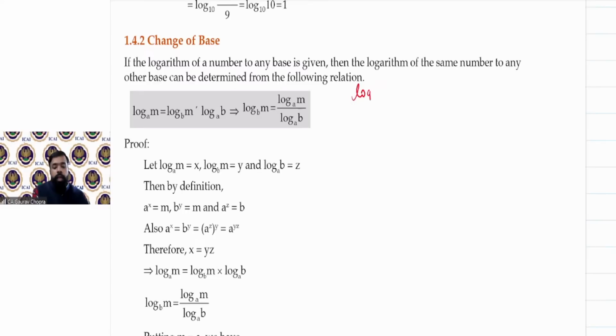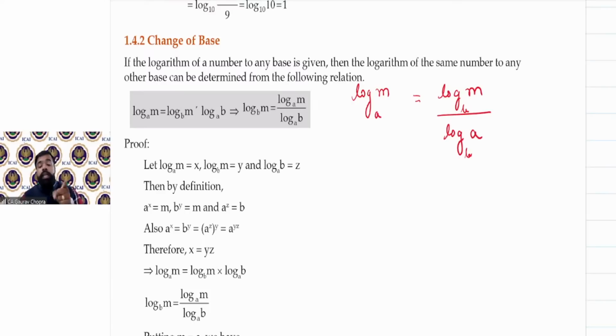Log of m base a. So earlier log m and its base a were together. Afterwards, what happened? The two of them had a breakup. So log m got separated and log a also separated. Both got separated and we can write some common base. So let's say the base of both is b.